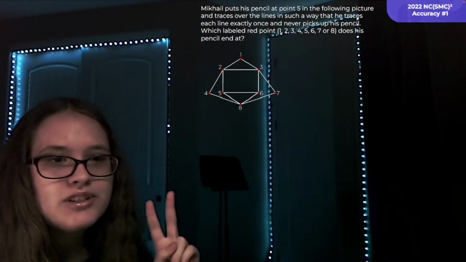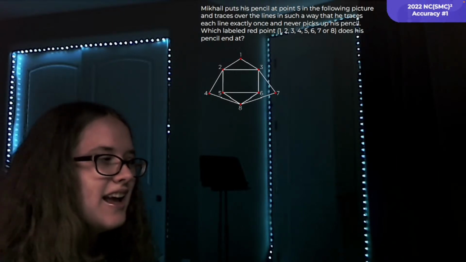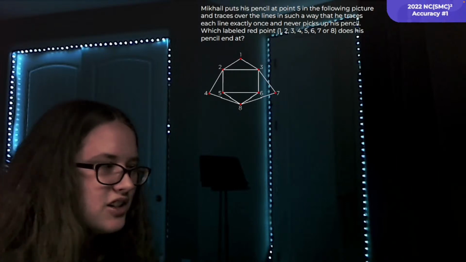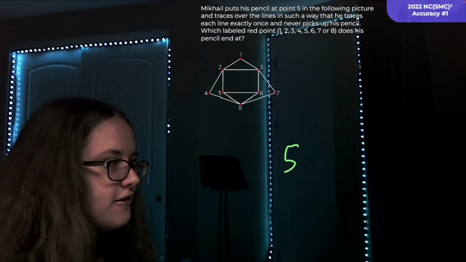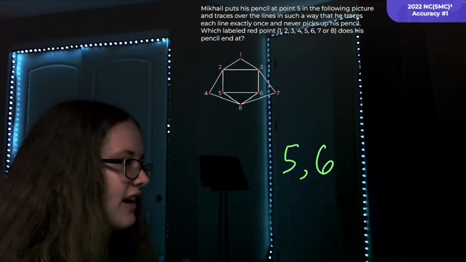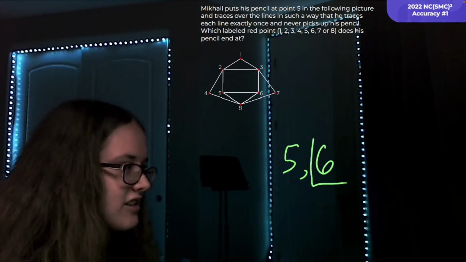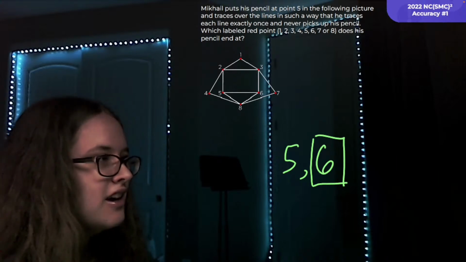And if you have 2 such points, you're going to start at one and end at the other. And the only points here with an odd number of lines coming out of them are 5 and 6. And so we start at 5 and we end at 6. So that's a really quick way to do it.